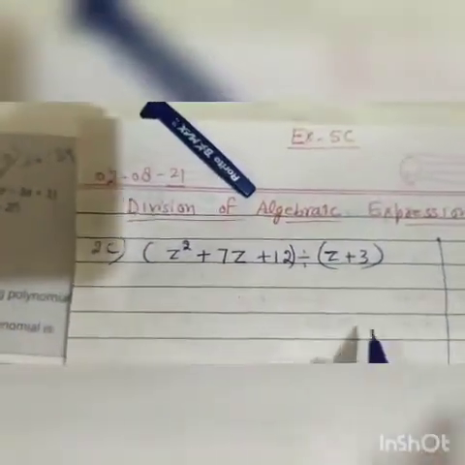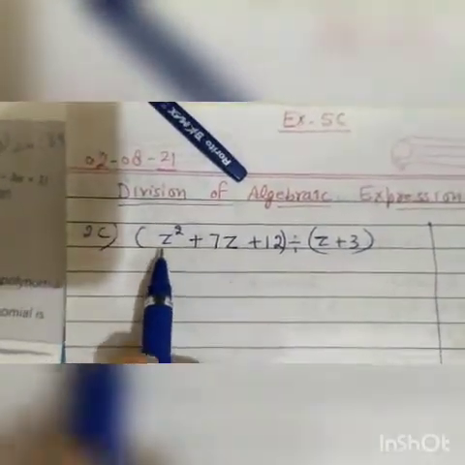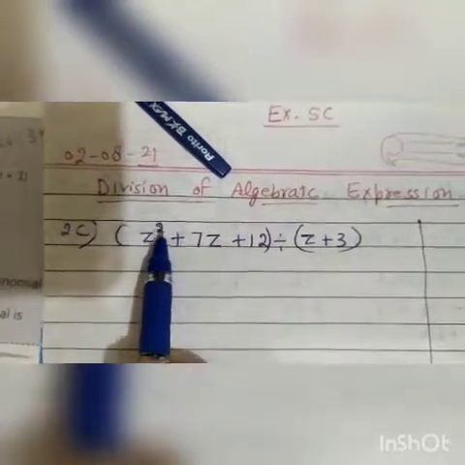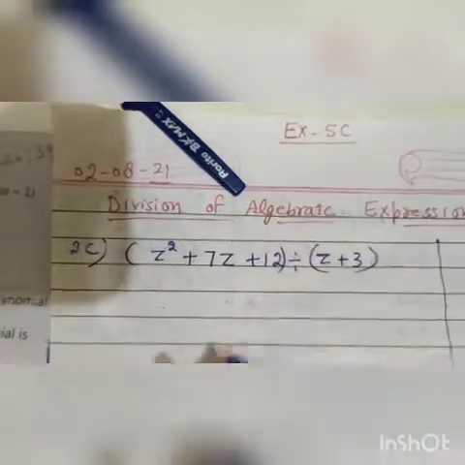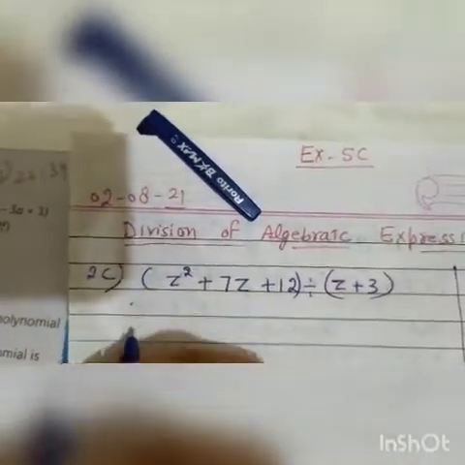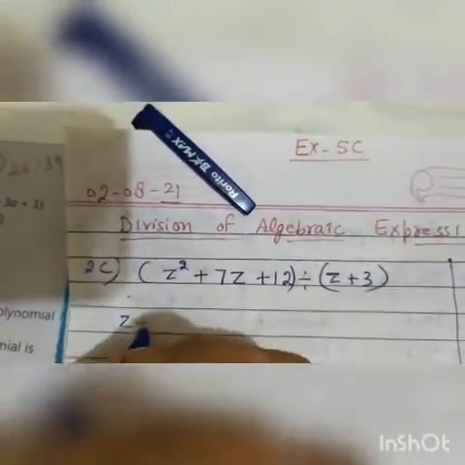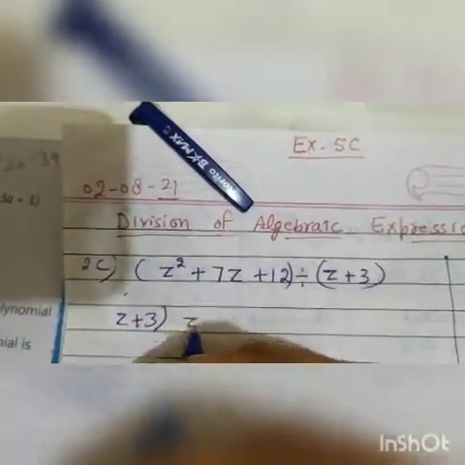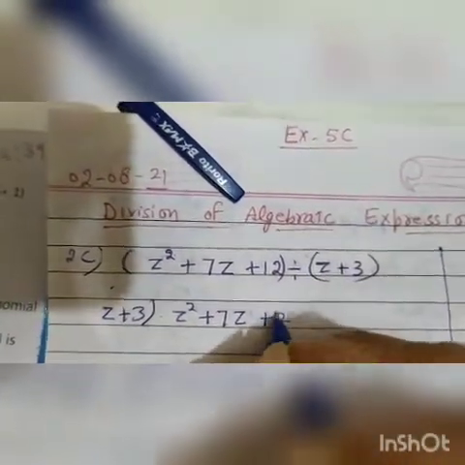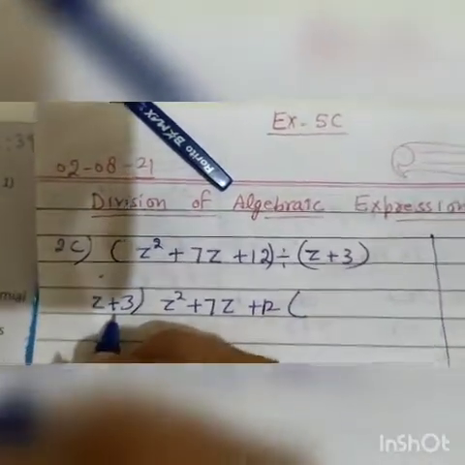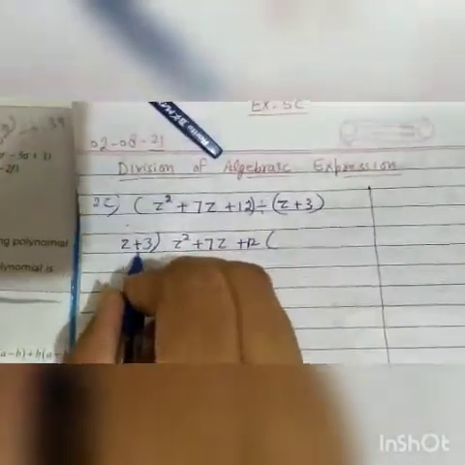See here, in part C we have to divide z square plus 7z plus 12 by z plus 3. So first we will write it in this form: z square plus 7z plus 12 divided by z plus 3.